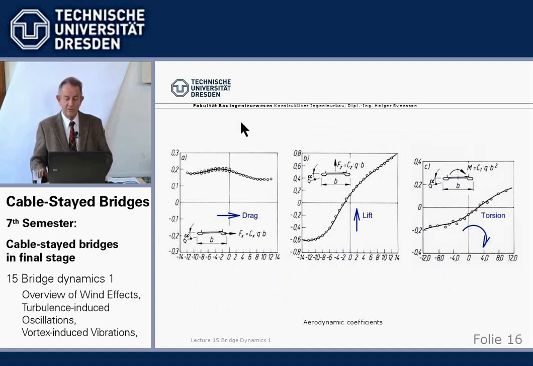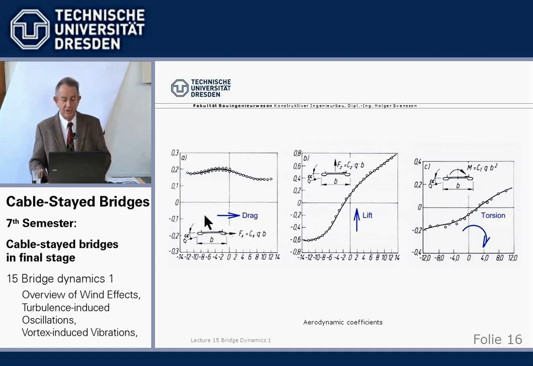Well, what forces are exerted by the wind onto the bridge beam? We can measure that when we put such a beam into the wind tunnel and then let the wind blow at different angles against it and measure the resistance, the force, which is exerted onto the beam.